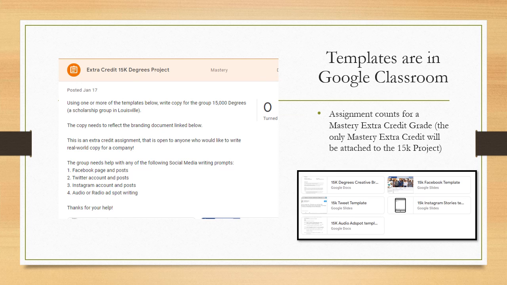And the rest of the assignment is to use one of the templates posted in Google Classroom to write social media copy for the 15K scholarship group. They need your help to write copy that is interesting for students, for high school age students, for early college age students. They need your help to write that copy, and you can get extra credit in this class by doing that, as well as you can get your words posted by an actual company.